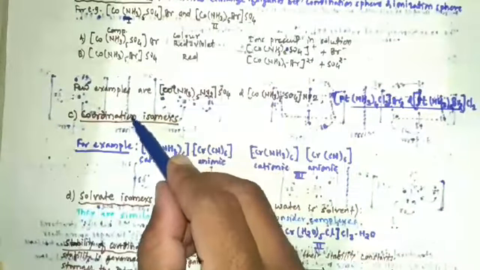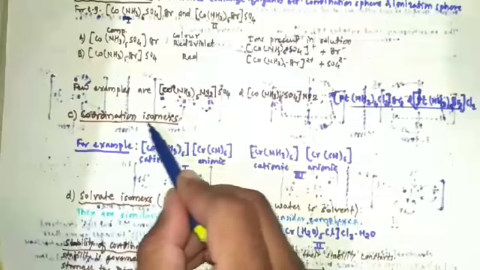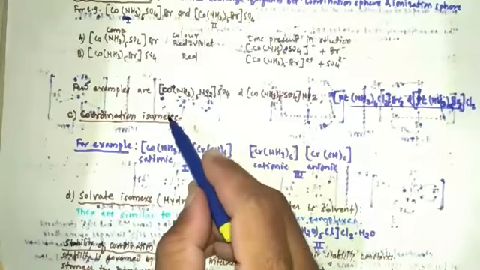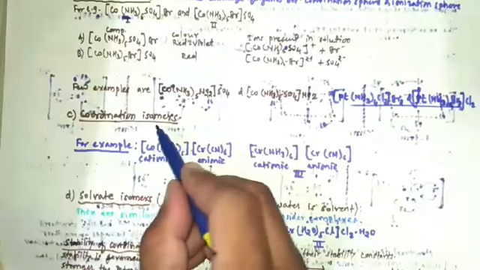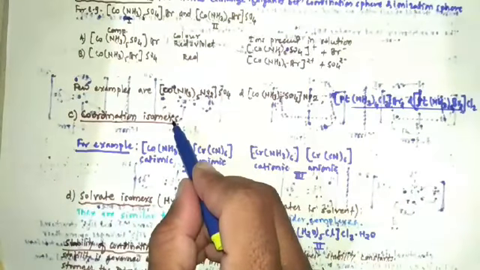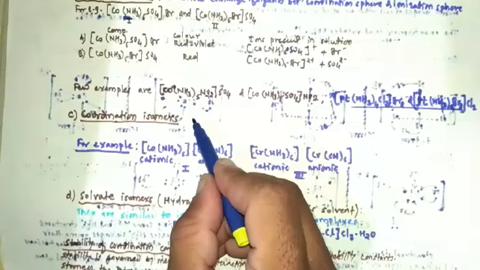So after studying ionization isomers, the next type is coordination isomers. Coordination isomers show interchange of ligands between cationic and anionic pairs of different metal ions.